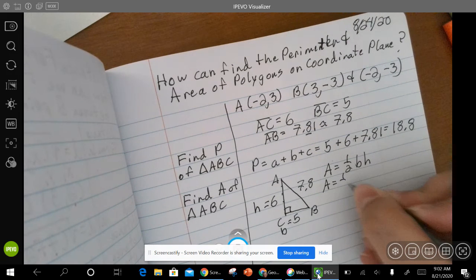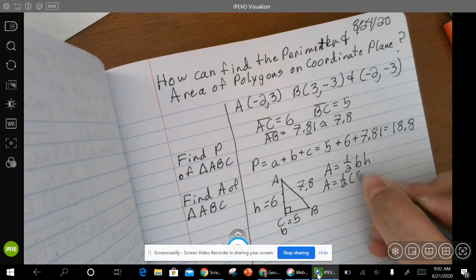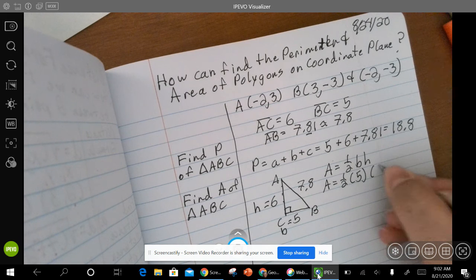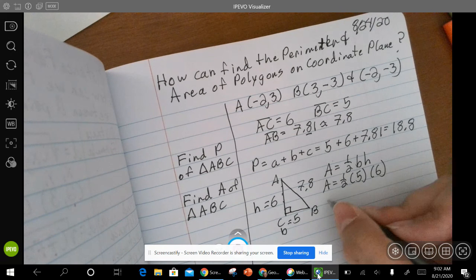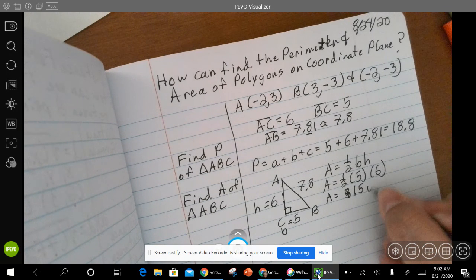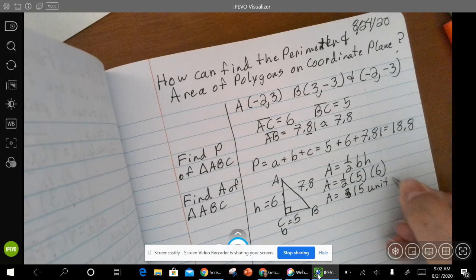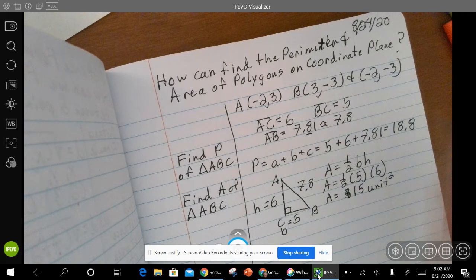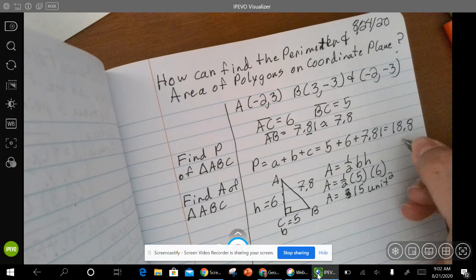So we're going to go 1/2 times 5 times 6. 5 times 6 is 30. Half of 30 is going to be 15. It's going to be 15 square units, and we always do squared. And the perimeter was 18 units.